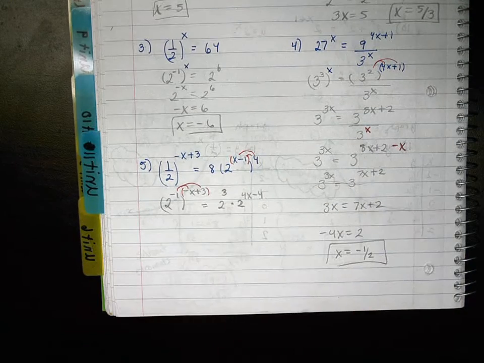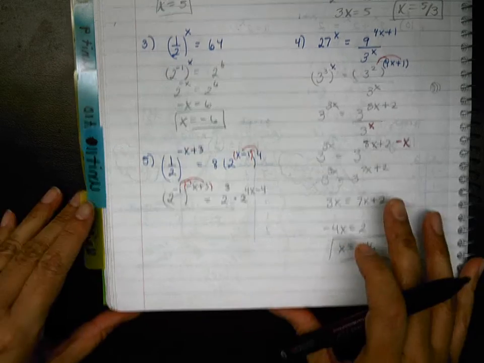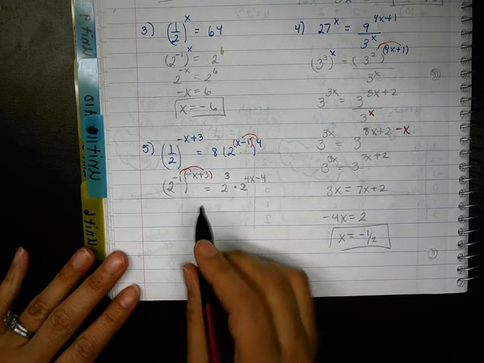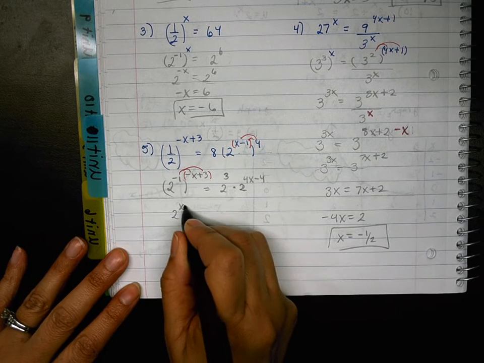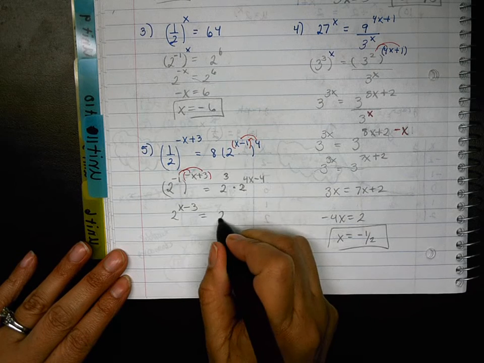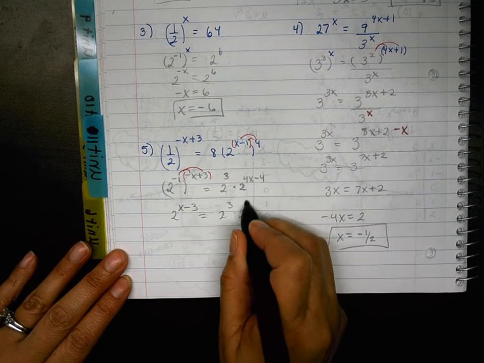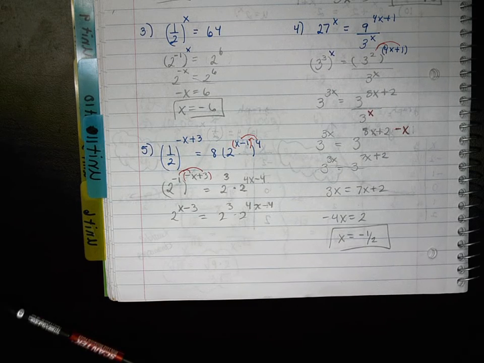All right, is that what you guys have? Any questions? Okay, I'm going to clean this up. 2 to the, what would that become? Positive x minus 3. Is that right? Positive x minus 3?